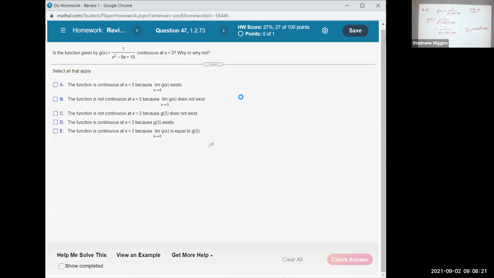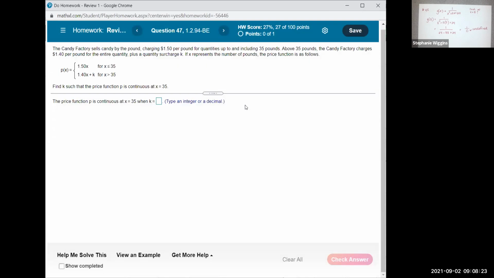I'm pretty sure there's a problem like this on the test. So this is again where the two sides have to match and you have to find the k that makes it work. It's just written as an applied problem. So we have a function that describes the charges, $1.40 per pound, plus a quantity surcharge k.